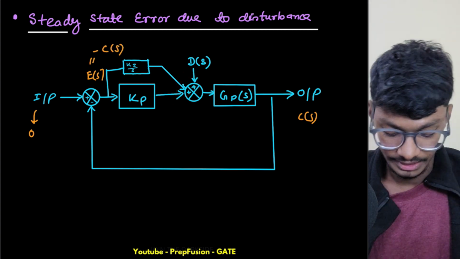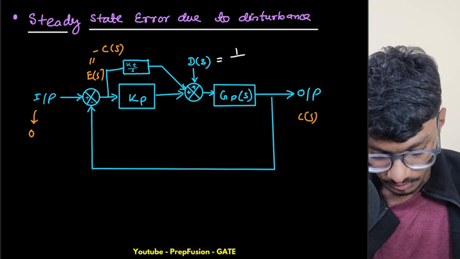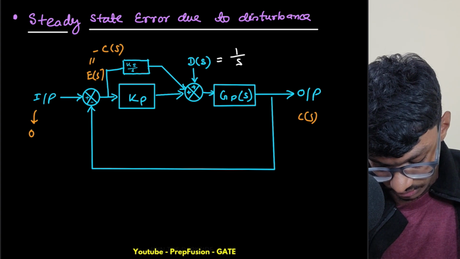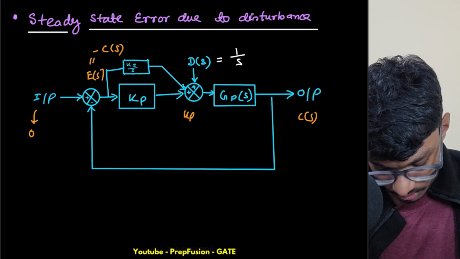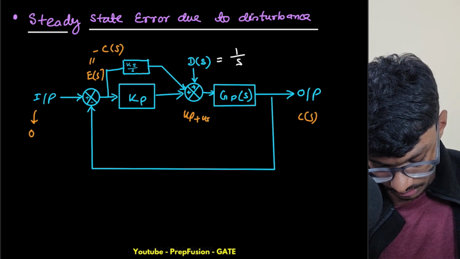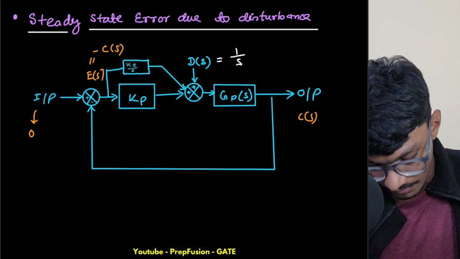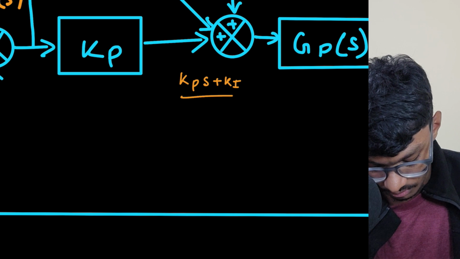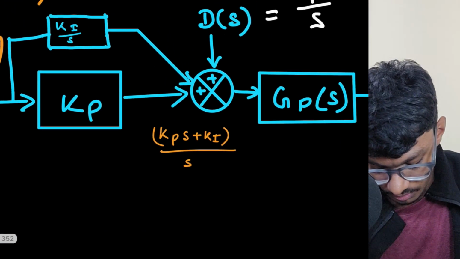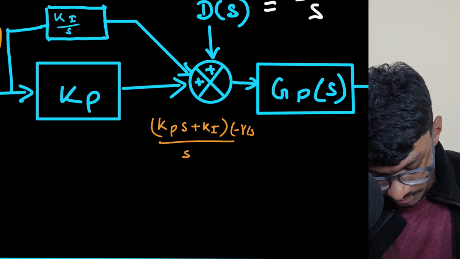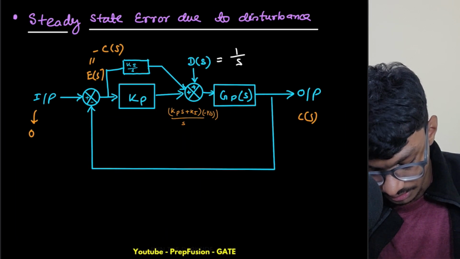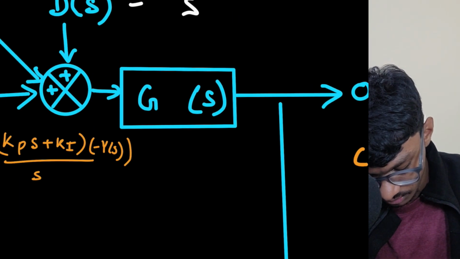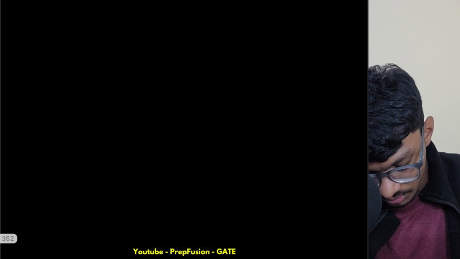Now my D(s) is simply a unit step input, so it is 1 by s. Next, this is minus C(s), Ki by s, and this is Kp, so this will be Kp plus Ki by s, into minus Y(s) obviously. Let me write D(s) first, then I will put the value of D(s) later. Let me write it as G(s) only.